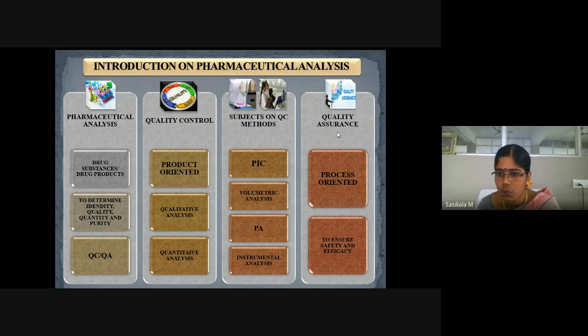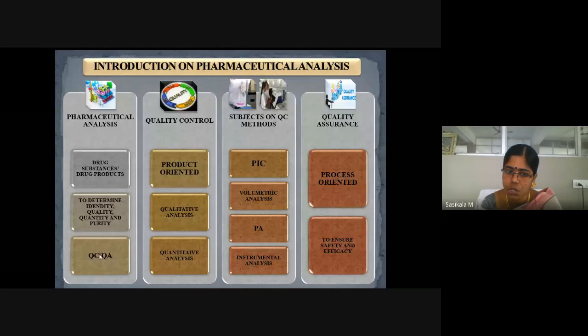Quality assurance is process oriented, it will ensure safety and efficacy, and we need to follow all quality control and quality assurance procedures. So you must learn what quality control methods are available for analyzing drug substances, and what quality assurance guidelines we have for carrying out all quality control methods to achieve safety and efficacy. This is the main aim and objective of studying the pharmaceutical analysis subject.